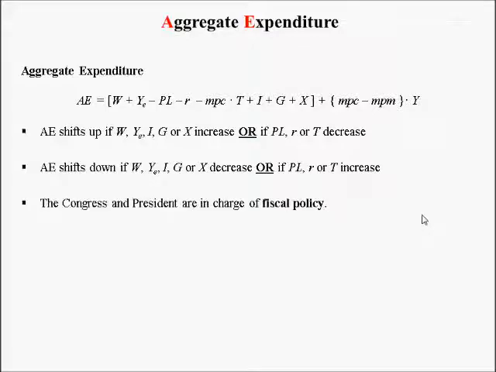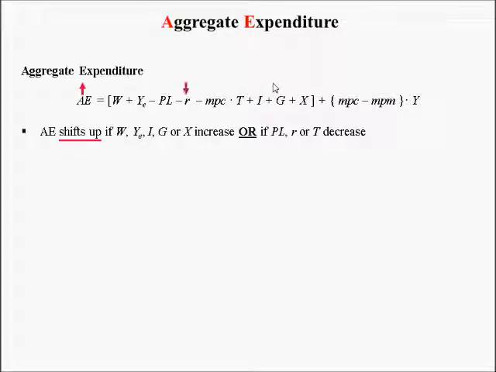Aggregate expenditure shifts down if wealth or future expected income or investment or government spending or exports decrease. Aggregate expenditure shifts down if the price level, the real rate of interest, or taxes rise. Okay? So anything with a negative sign in front of it, right? MPC times T has a negative sign in front of it, R has a negative sign in front of it, and price level has a negative sign in front of it. So anything with a negative sign in front of it causes aggregate expenditure to go in the opposite direction, right?